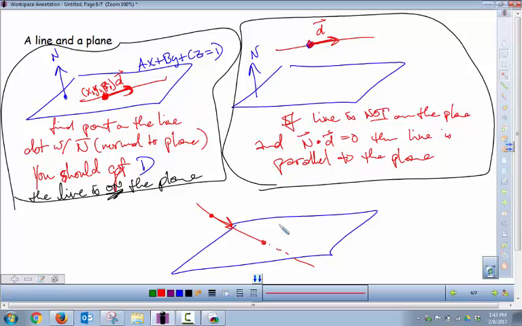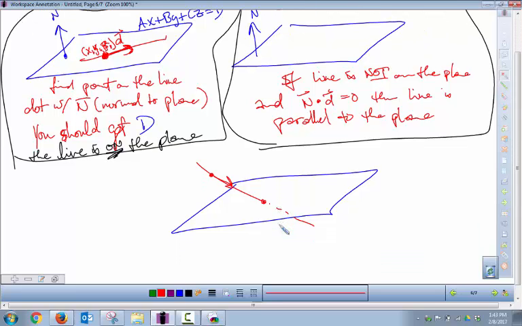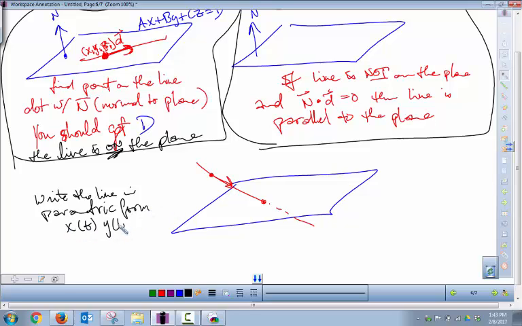Okay? So the question is, how do you find an intersection? So here's what you're going to do. Write the line in parametric form. So that would be x of t, y of t, z of t. So you can see the x, y, and z individually as a function of t, and they are linear functions of t, so it's just going to be a plus t, b, or whatever.